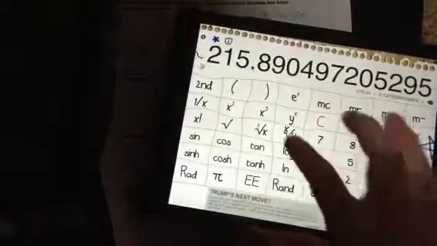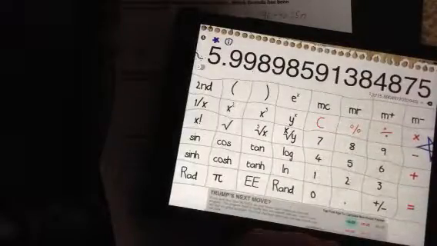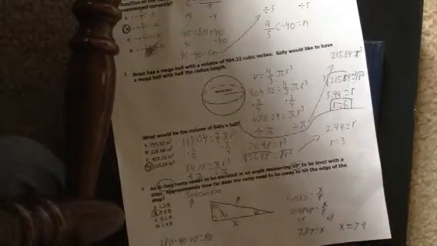Now we need to find the cube root of that 215.89 to get r alone. So the cube root of that would be 5.99. So 5.99 equals r. That means r equals about 6. So I rounded it up to 6.